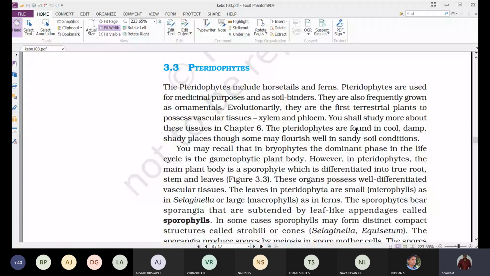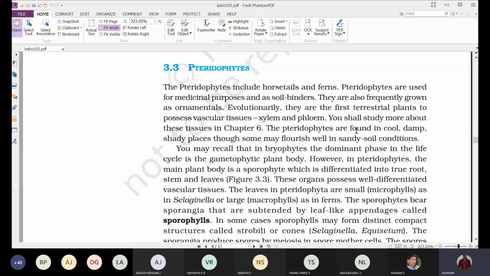The pteridophytes are found in cool, damp, shady places, though some may flourish well in sandy soil conditions. That's why generally they grow in hilly regions where regular rainfall, that is a cool environment, is maintained, damp, that is some moisture is maintained, and they grow in shady places.